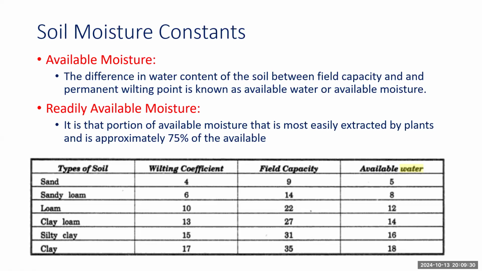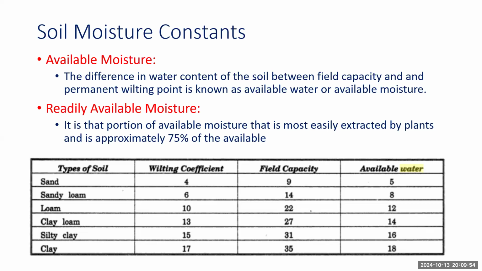Now, for example, here in this table, for sandy soil, the field capacity is 9 and the wilting coefficient is 4. That's why the available moisture is 5. So the available moisture is 5 and the readily available moisture is 75 to 80% of that.